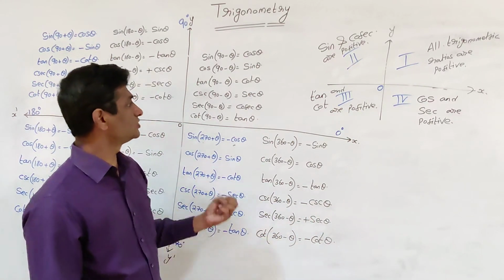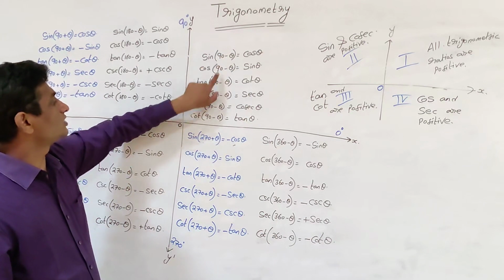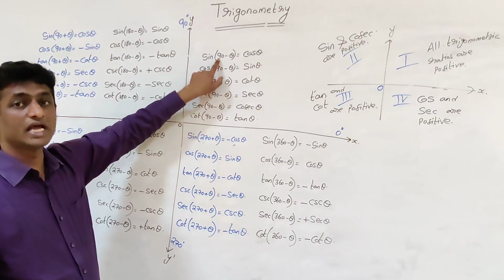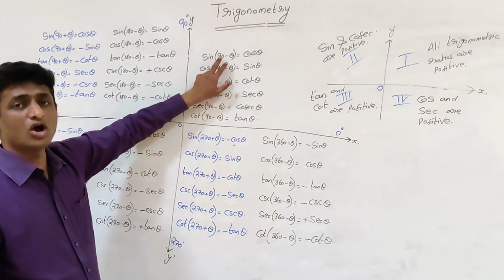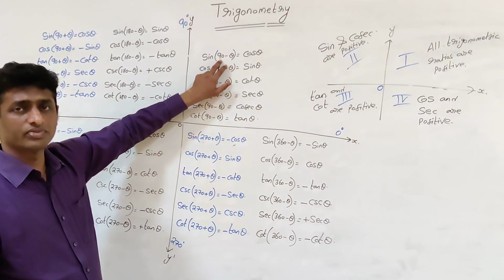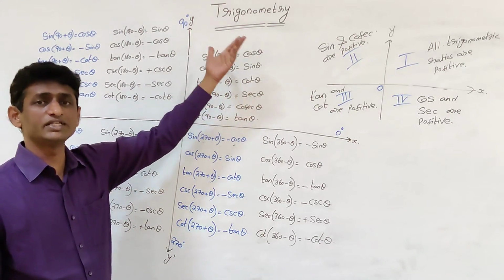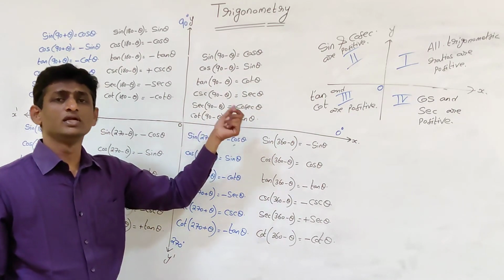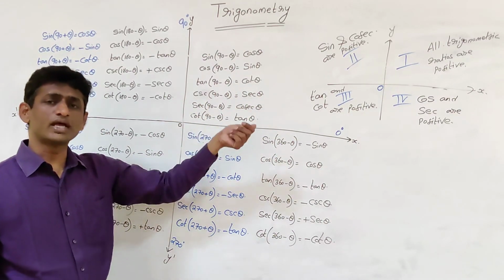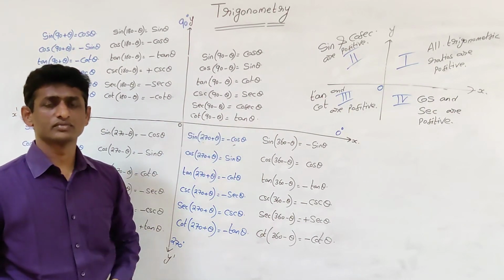Now we will see, if you observe the angles 90 minus theta, 90 plus theta, 180 minus theta: if it is an odd multiple of 90, the trigonometric ratio is getting changed, that is, sine to cos, cos to sine, tan to cot, cot to tan, secant to cosecant, and cosecant to secant.